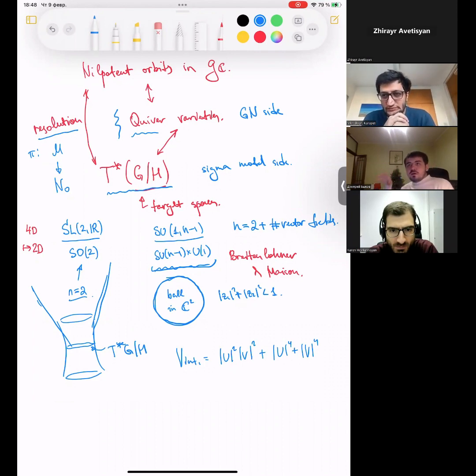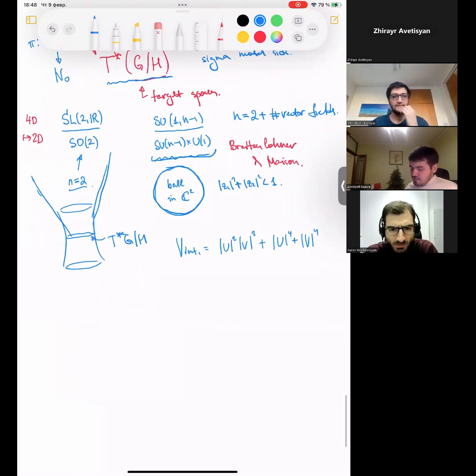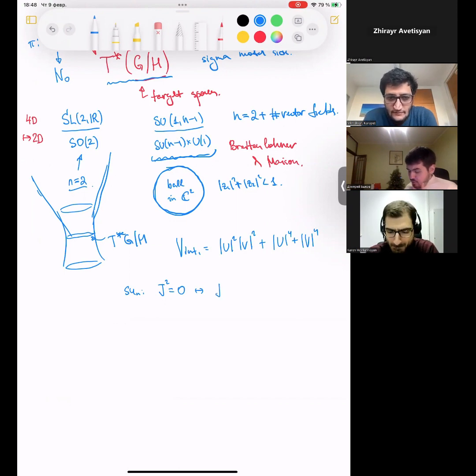So probably yes. But in principle, there are two different notions. One is a deformation, the other is a resolution, right? What you're talking about now is a deformation. It's actually easy to see, right? In SU(N), you have, say, j squared equals 0, but then you can replace it with j squared equals a.